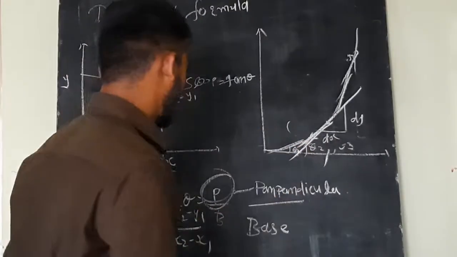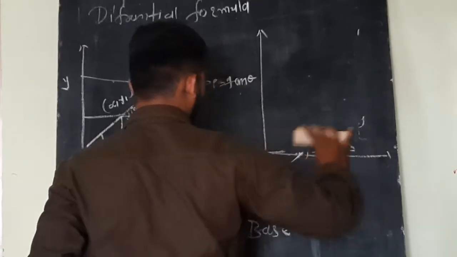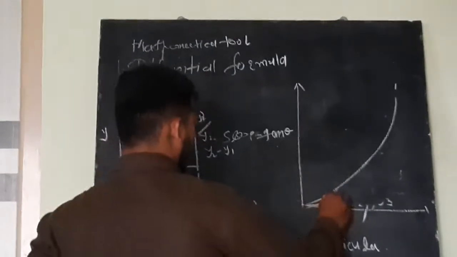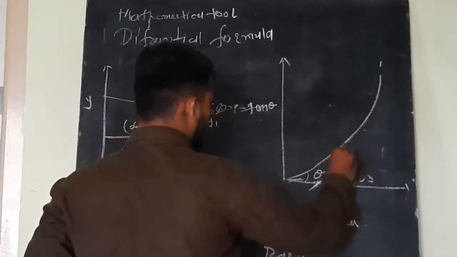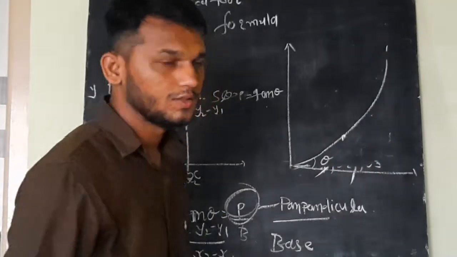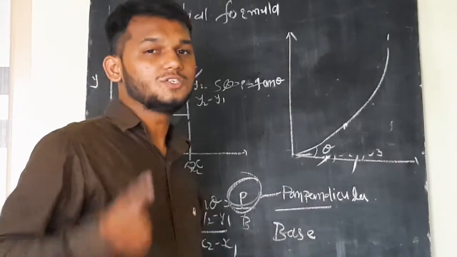See here, this is our figure with theta, and these points x1 and x2 are nearly equal to each other.